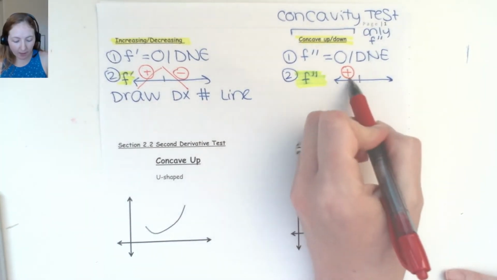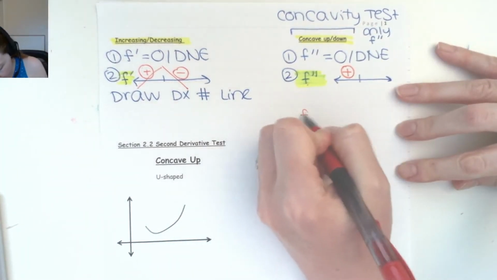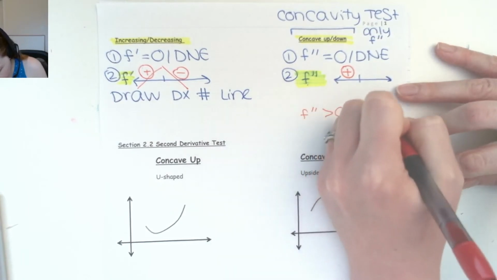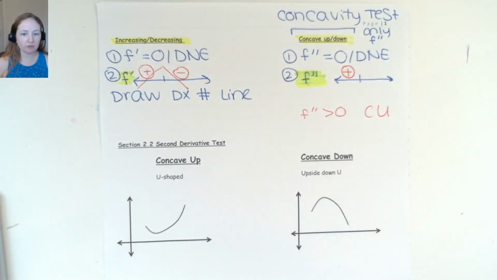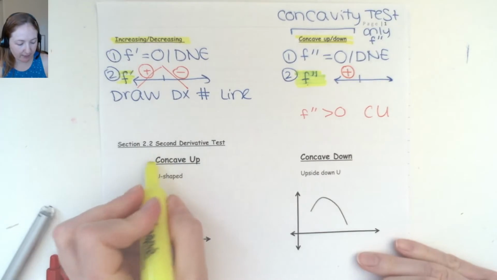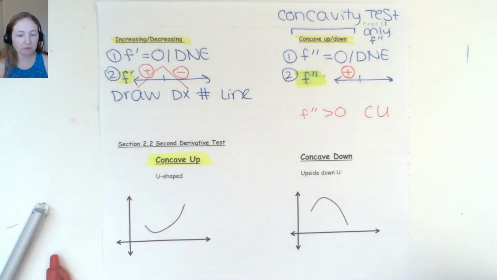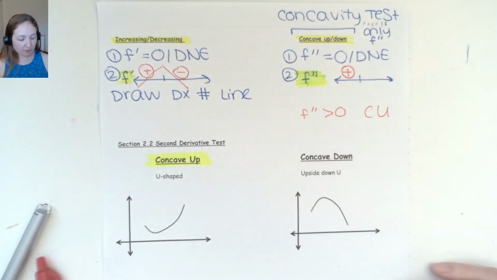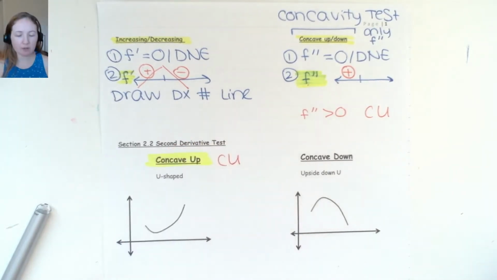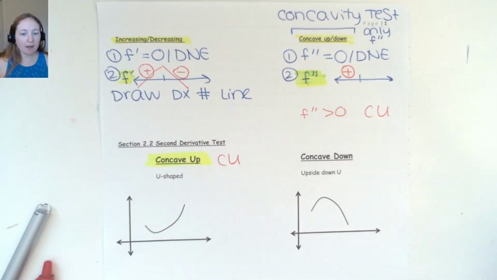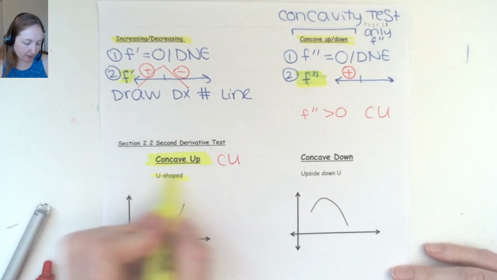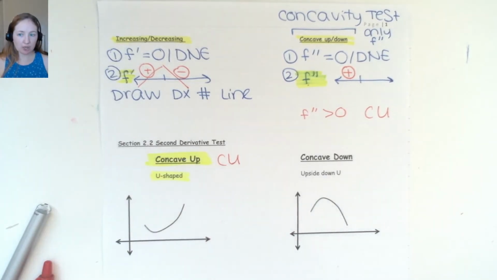Specifically, if that second derivative is positive, that's going to tell us our function is known as a concave up function. I usually abbreviate that with CU for concave up. Now, what does that mean? A concave up function means that it has some portion of a U shape to it.